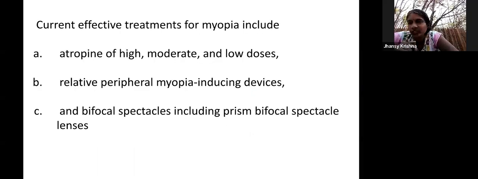Current effective treatments of myopia include atropine drops in high, moderate, and low doses, and also bifocal spectacles, plus bifocal spectacle lenses.